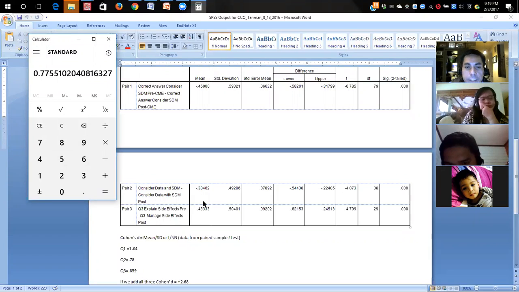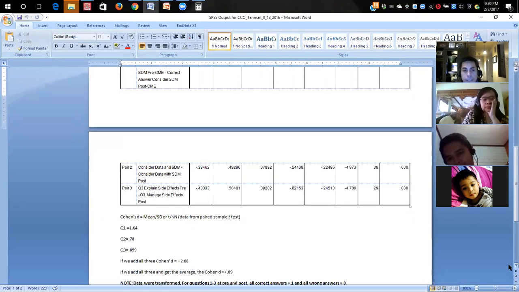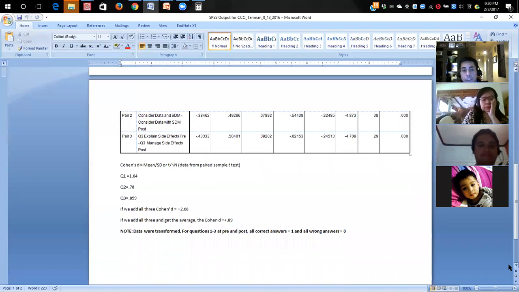I think that's just a function of plugging in only the first two digits. 0.43 divided by 0.504, and that's 0.85. So these are all the effect sizes that we get. We're very pleased that our Cohen's d is definitely 0.5 or higher.